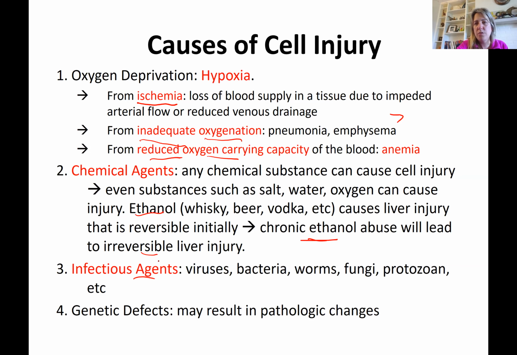Infectious agents can also cause cell injury and cell death: viruses, bacteria, etc. Genetic defects. Certain genetic defects, so people with cystic fibrosis, their cells are not normal, they're not capable of not having pathologies, okay?